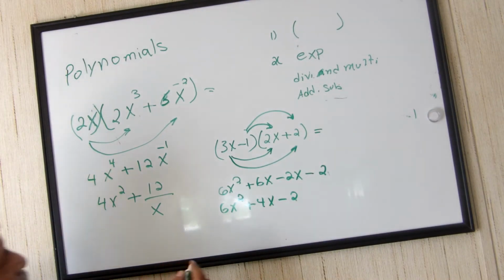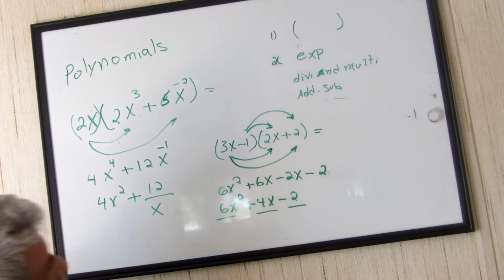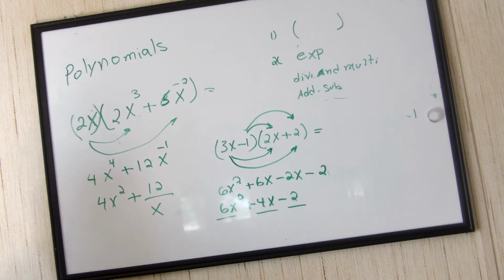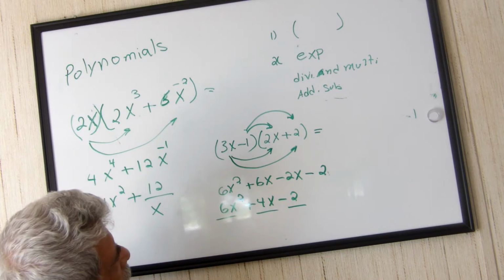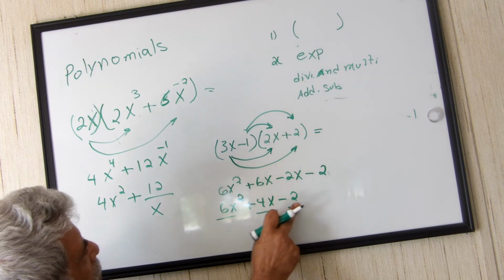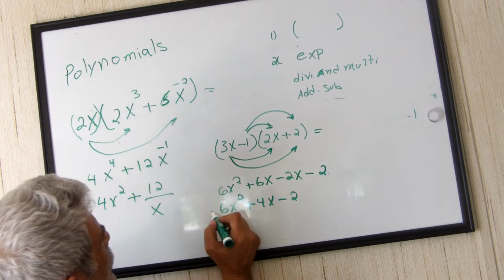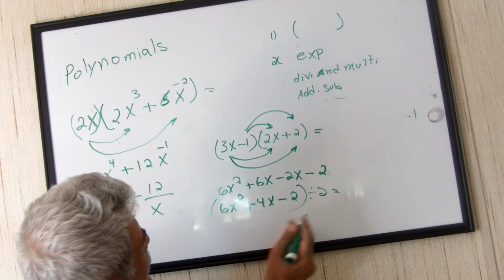And for more simplicity, we can divide all of them. When you divide something in this polynomial, you have to divide all the terms by 2, because it's divisible by 2.